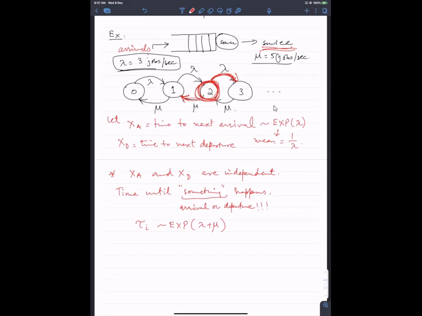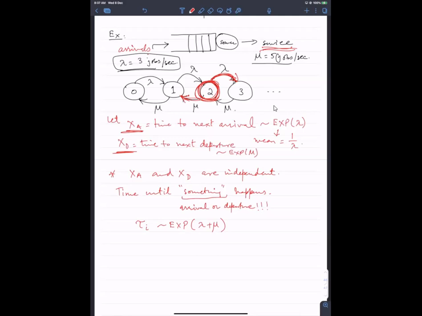Whichever of the two happens first, the minimum of the next arrival time and the next departure time. So we take the min of X_A and X_D, and since they are exponential lambda and exponential mu, the min is exponential with parameter lambda plus mu.